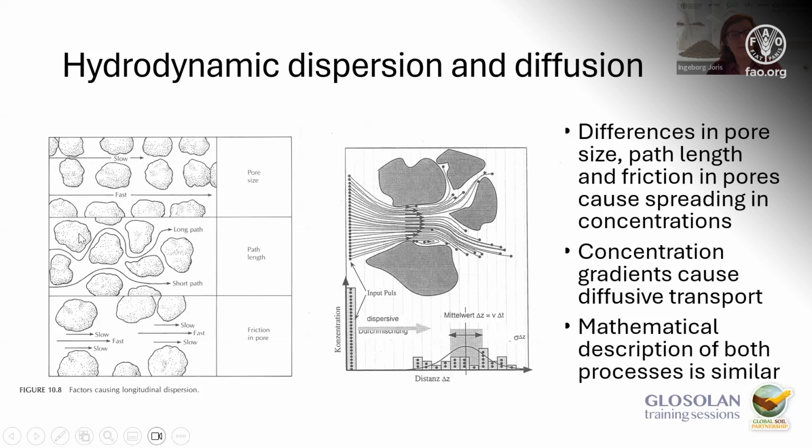Sometimes it can have a very long path, sometimes it's quick and easy, with a short path. And within these pores, you also have different friction. If your solute is right in the middle, it will go fast. If it's closer to the particles, it will have some friction and it's slow. So if you start with a bunch of solutes, they will encounter very different circumstances, and some will go fast, some will take a long time to go through the soil.